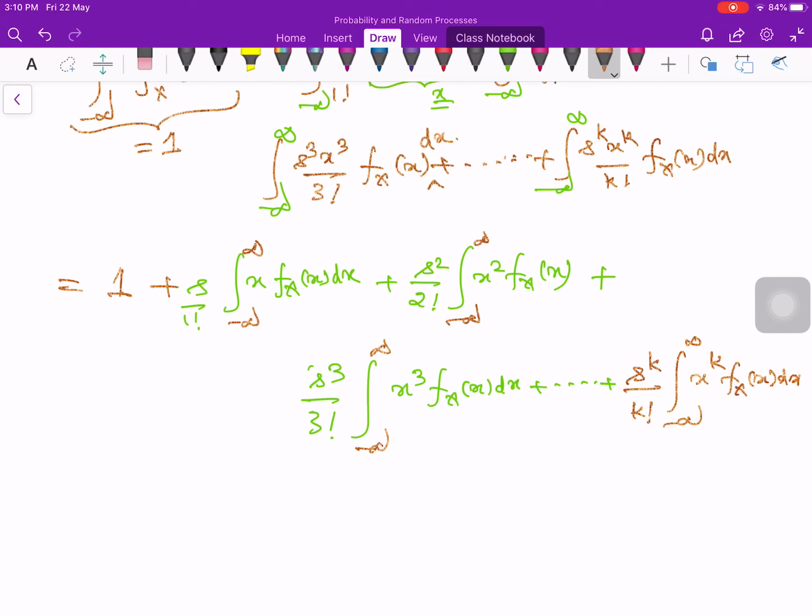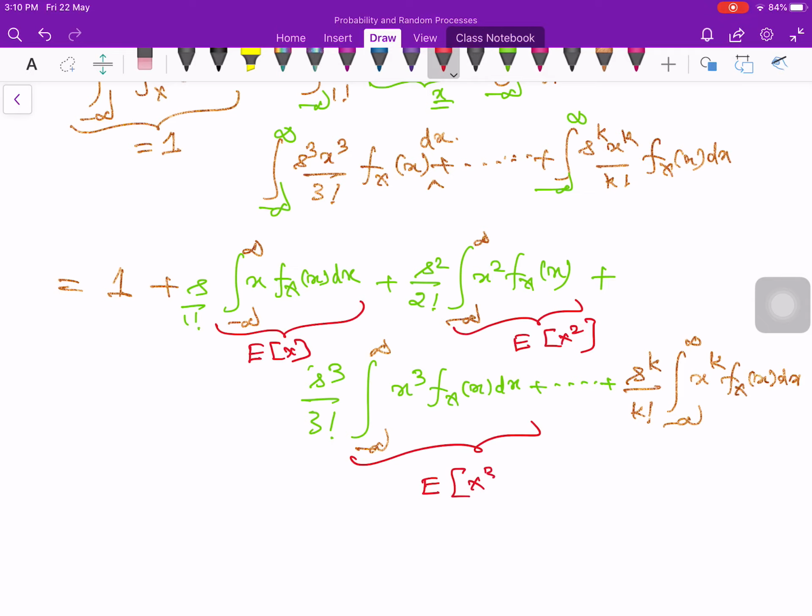Now if you notice, this is the same as the expected value of X, and this one is going to be the second moment, and this one is going to be the third moment of the random variable, and this one is going to be the kth moment, and so on.